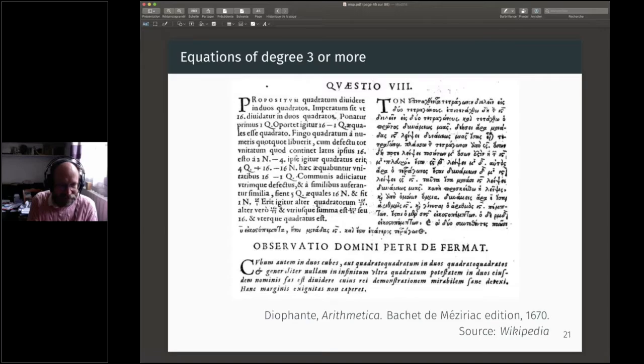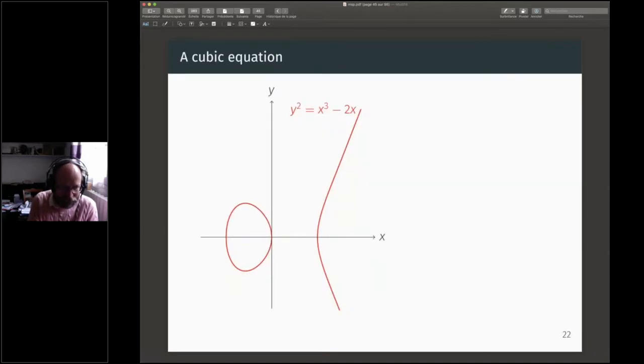So I will start with a slightly simpler cubic equation because it's simpler to explain what happens. It's still cubic in x, but in the variable y, it's only squared. So let's start from this equation, and in red, that's the figure it defines in two-dimensional space.